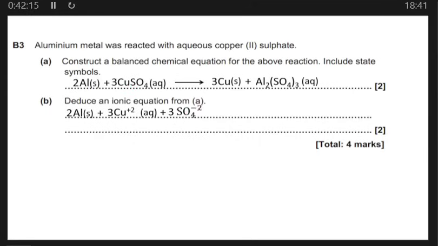Now you introduce a charge -2, that's a charge of sulfur, you write aqueous again here equals, this one won't be split because it is in solid, so it will be 3 copper solid, then this plus, so since it is in aqueous it will be split here.